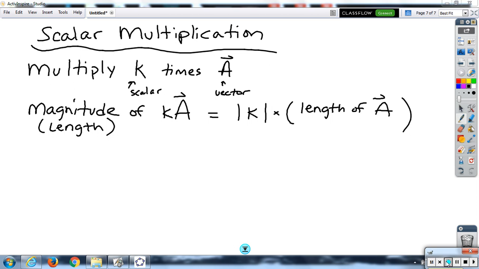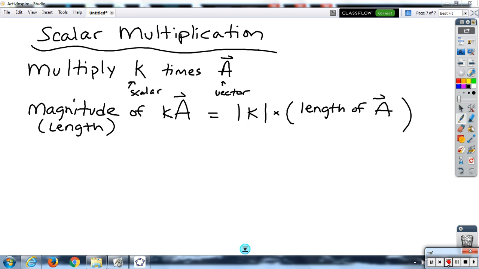So the length or magnitude, which is the proper term to use when we're working with vectors, of k times a is equal to the absolute value of k times whatever the length of a was. That is the new length of the new vector that's created by multiplying the scalar times the vector.